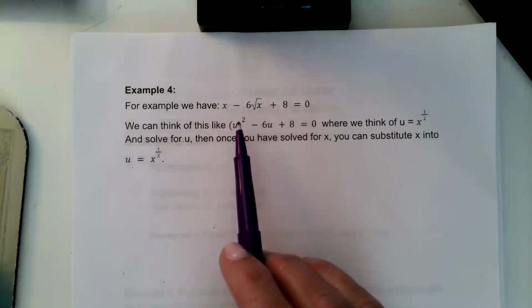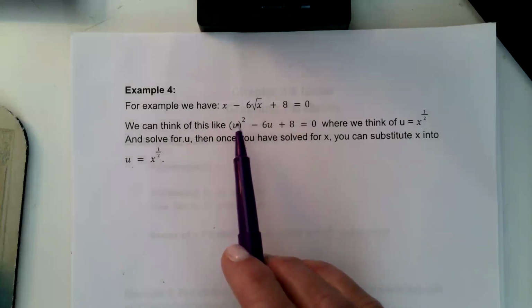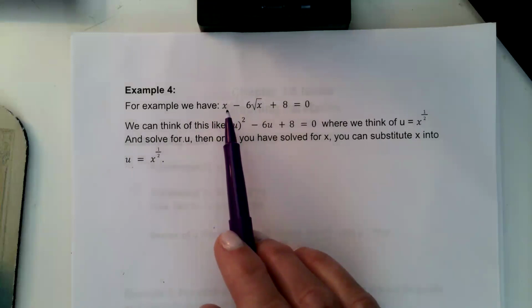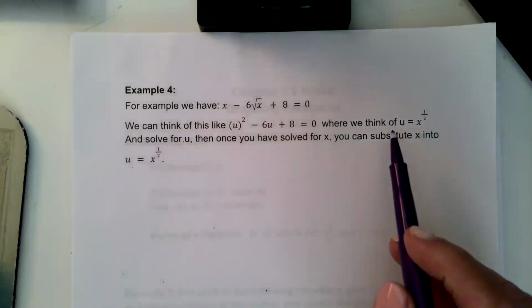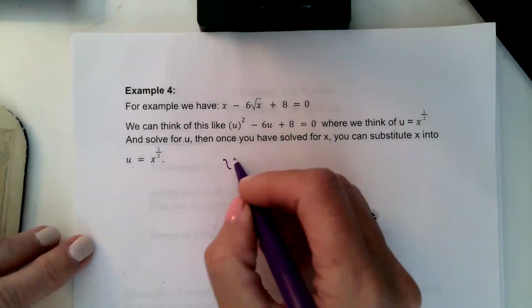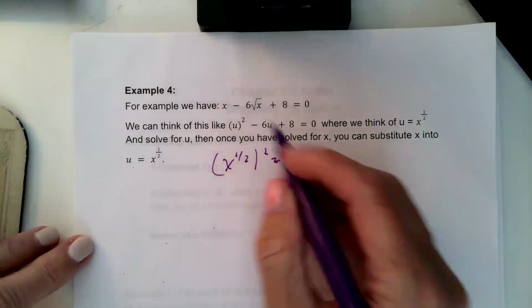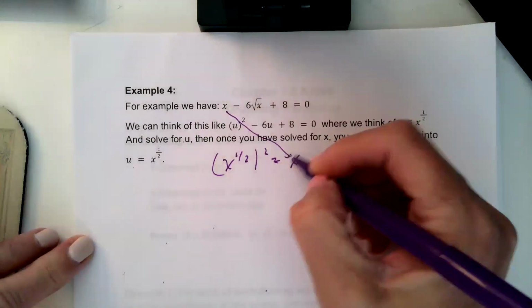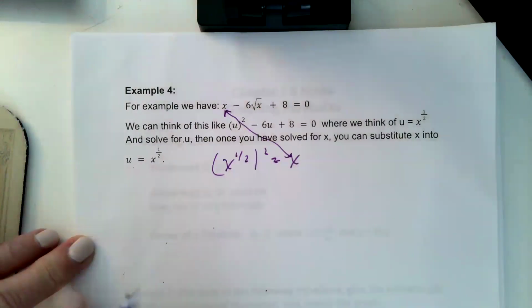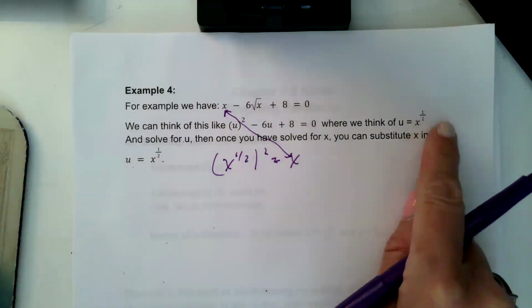We have to figure out what u would be so that this comes out to be just x. If u equals x to the 1/2, then x to the 1/2 squared equals x, which is what we want, because we want it to match right there. So we're going to let u be x to the 1/2.